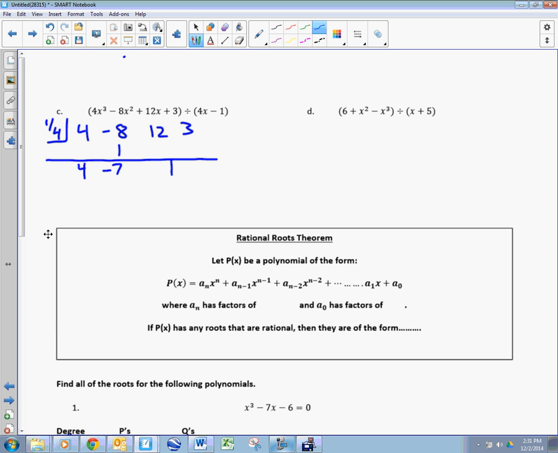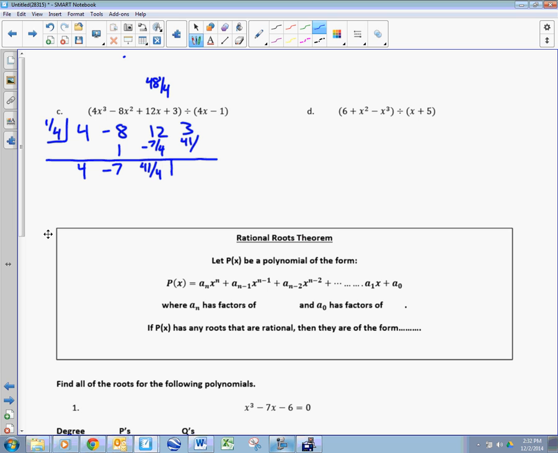Negative 1/4 times, or 1/4 times negative 7. Uh-oh, 12 plus negative 7 fourths. I have to find common denominators. Rename 12 so it has fourths. 48 fourths. 48 fourths and negative 7 fourths make 41 fourths.